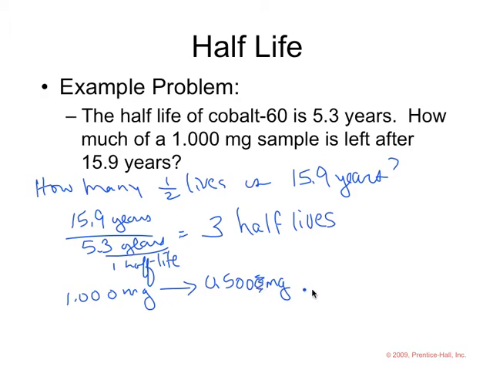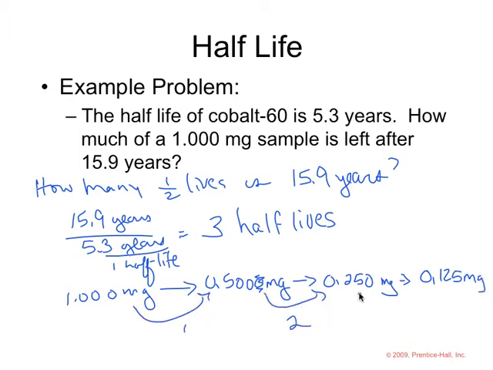I think I added an extra 0. After the second, and then after the third, half again. So this will be 1, 2, 3 half-lives. I'll have 0.125 milligrams remaining. And that's really the most straightforward way, I think, to calculate those types of problems.